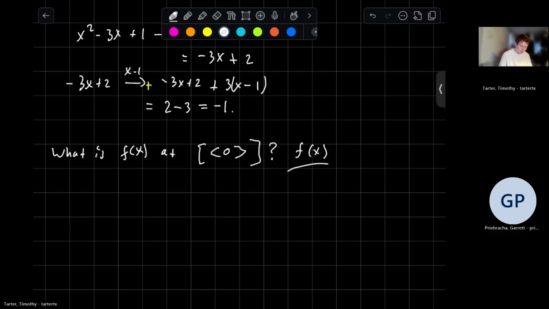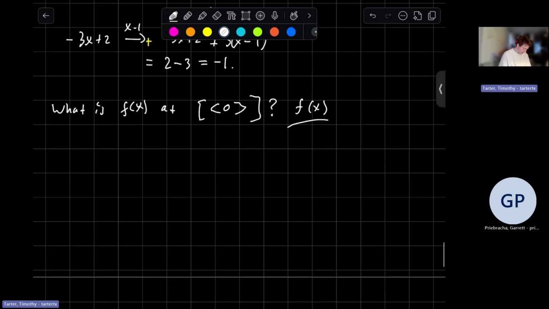A more complicated example: let's take a rational function, g of x equals x minus 3 cubed divided by x minus 2.